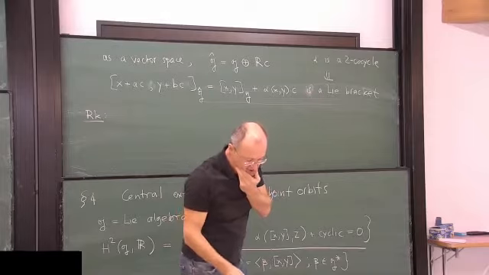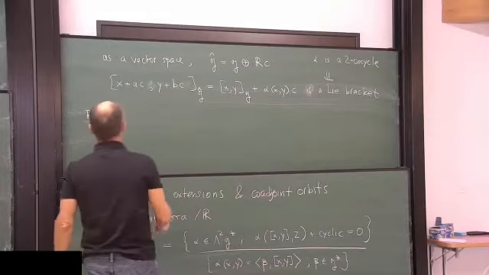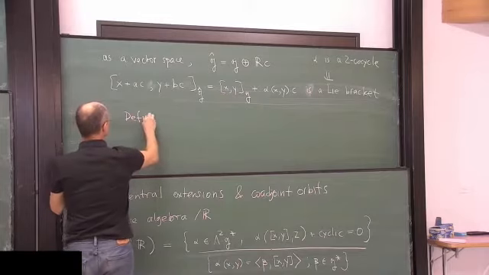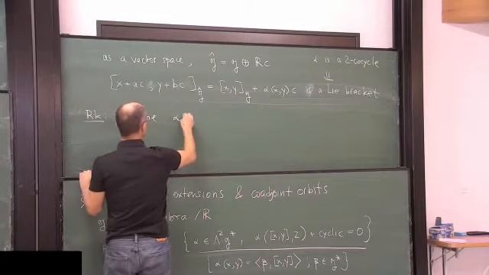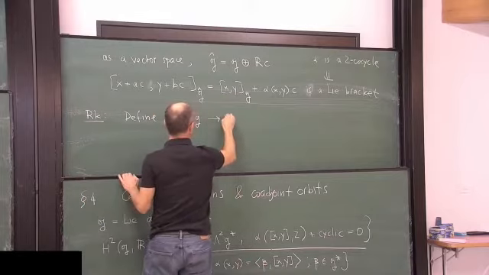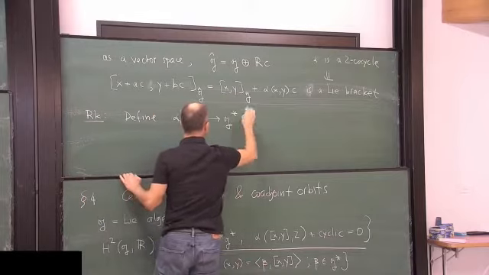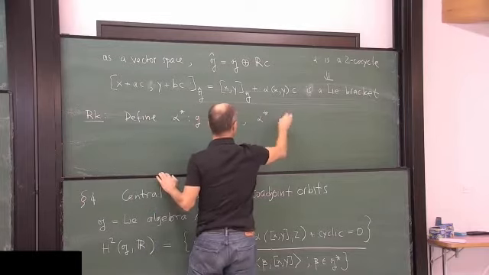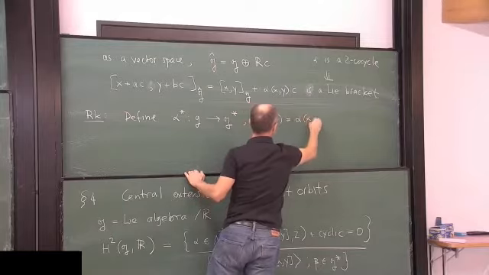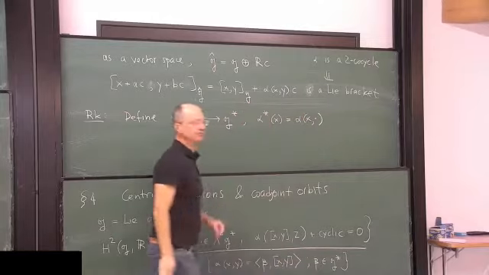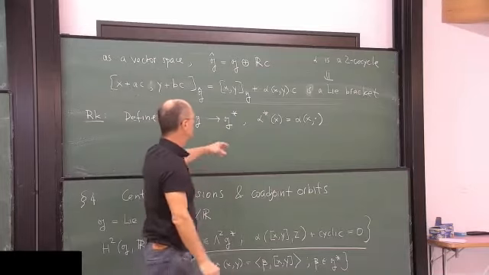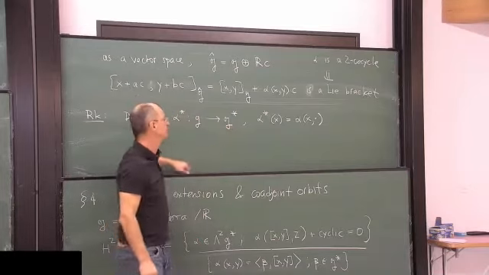I have this alpha now, which is a 2-cocycle, and I define a map which I will call alpha star. So this will be a map from g to g star, and I define it by the following formula. So this is simply alpha computed on x, and I leave the second argument open. So this gives me an element of g star.